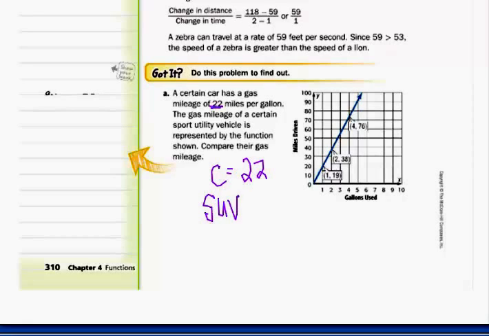An SUV has a rate of, let's just do these 2 points, 38 minus 19 over 2 minus 1. So that's 19 over 1, 19. So compare their gas mileage. A car has a better gas mileage because it has 22 and the SUV is 19. Give me a sentence, something like that.